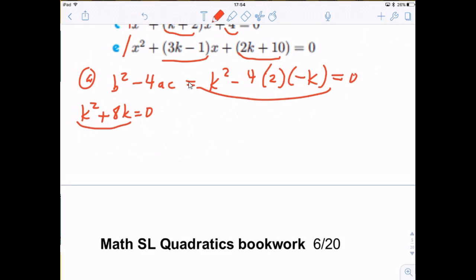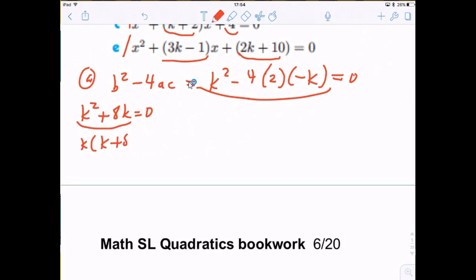Because before we just had a linear equation, we solved for the m value, and we got one number. Here it's a quadratic, so it's like a quadratic within a quadratic.